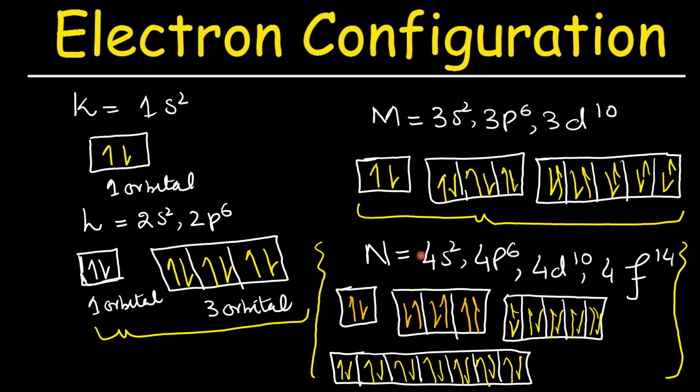The 4s2 subshell will fill two electrons in its one orbital, whereas the 4p6 subshell will fill six electrons in its three orbitals, whereas the 4d10 subshell has 10 electrons, so it will accommodate 10 electrons in its five orbitals, whereas the 4f14 subshell has 14 electrons, so it will accommodate 14 electrons in its seven orbitals.